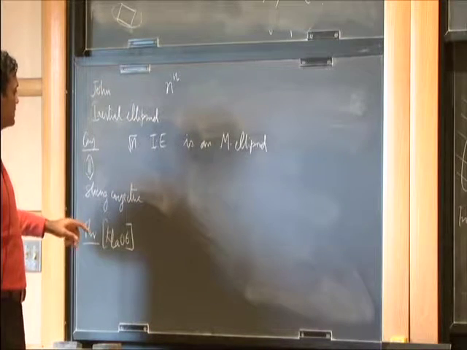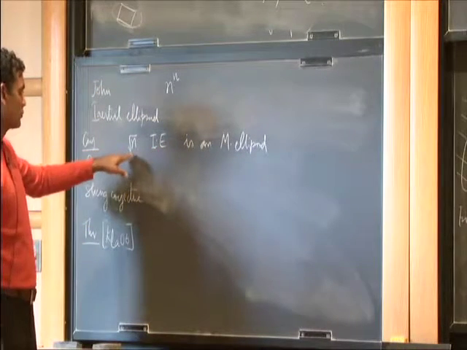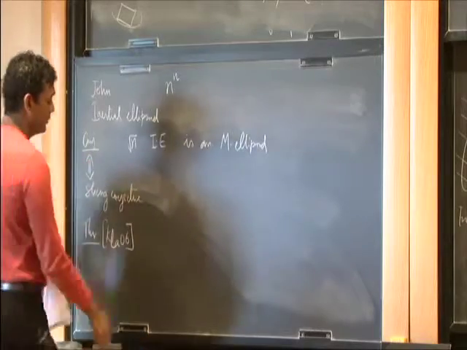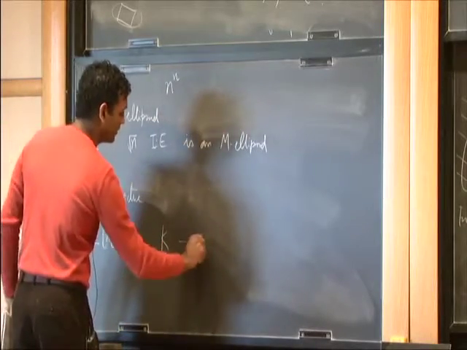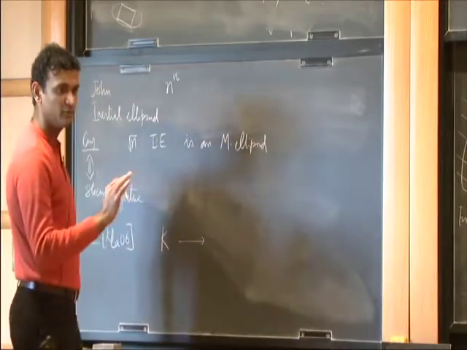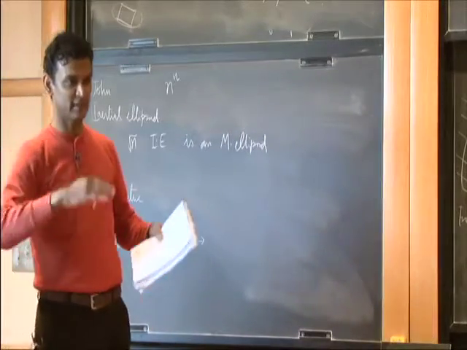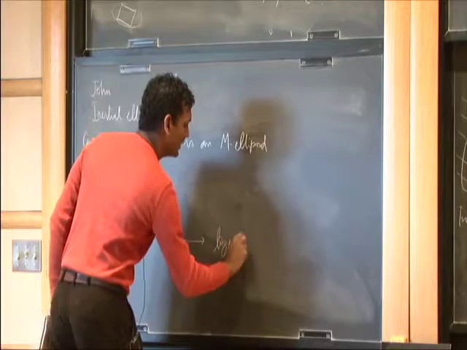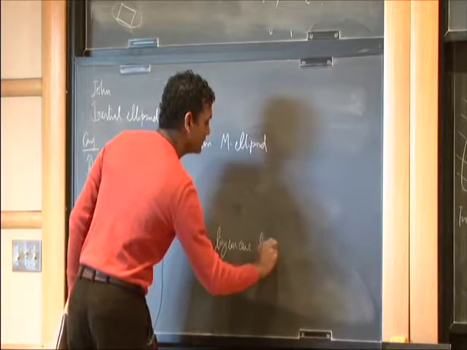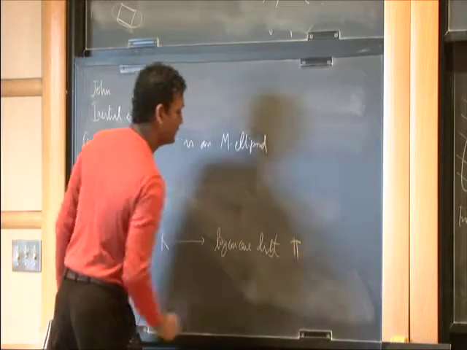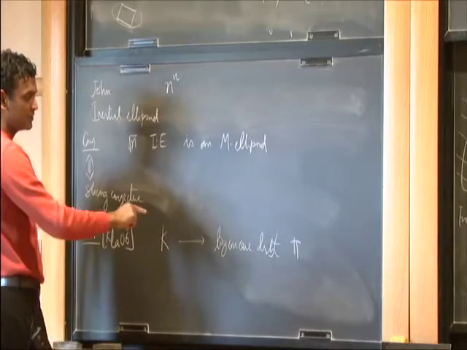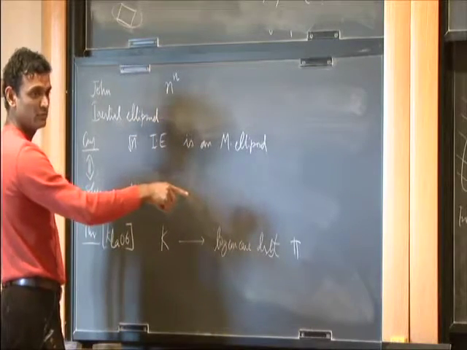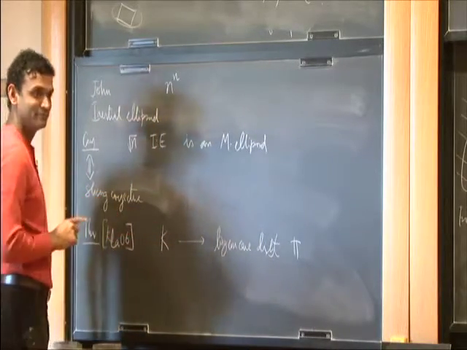And what he does is, look, we don't know how to prove this. Instead, you can take your convex body K and generate a distribution. It's almost a convex body, but not quite. It's a log concave distribution, say pi, so that the inertial ellipsoid for this distribution is an M-ellipsoid for K.